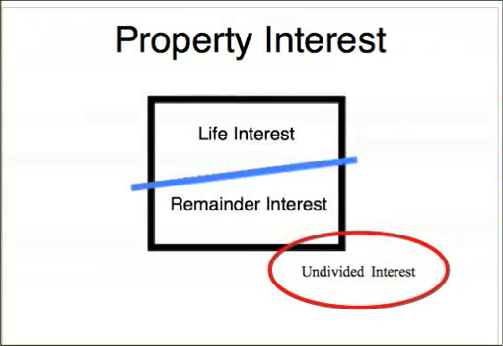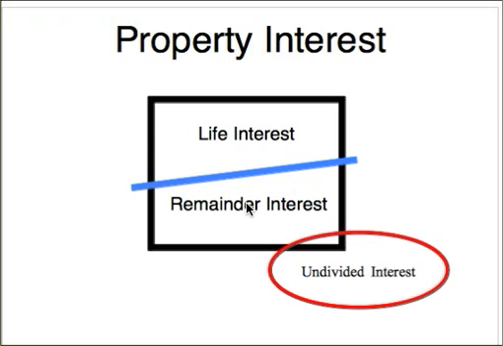So if we divide property, say, between someone who has a life interest and someone who has a remainder interest, we basically are saying that ownership can be broken up based on time, which is referred to as temporal interest.